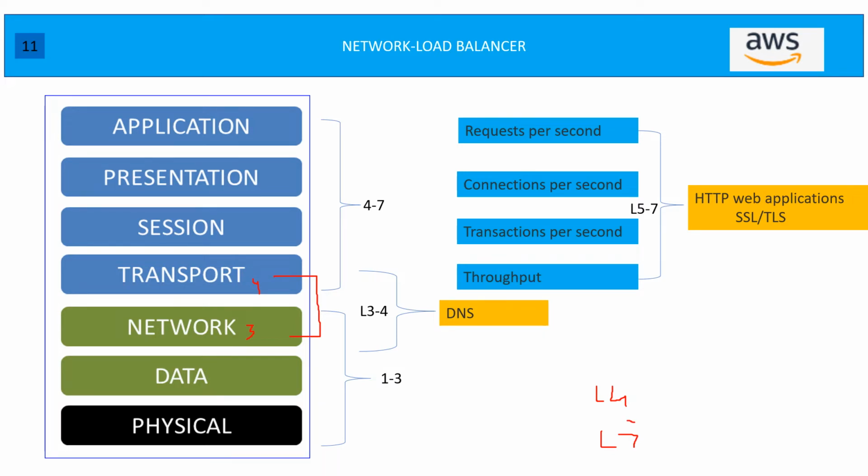Second, if my load balancer supports L7, then I'm talking about the upper layers, which are going to be application, presentation, session, and transport. So for example, if I host an HTML web application which supports SSL and TLS, it means I need to be very, very careful about the capacity my load balancer is going to provide.